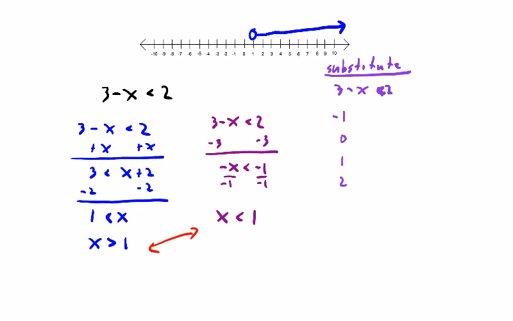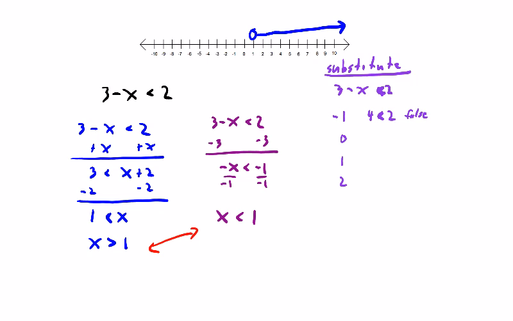If we substitute negative 1 into the left-hand side of the equation, we would get that 3 minus negative 1 is 4, which is less than 2. Clearly, that is a false statement. So numbers like negative 1 make this statement false.